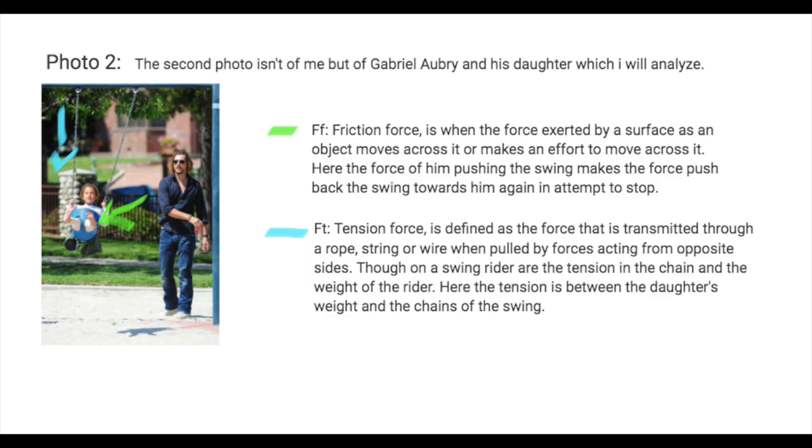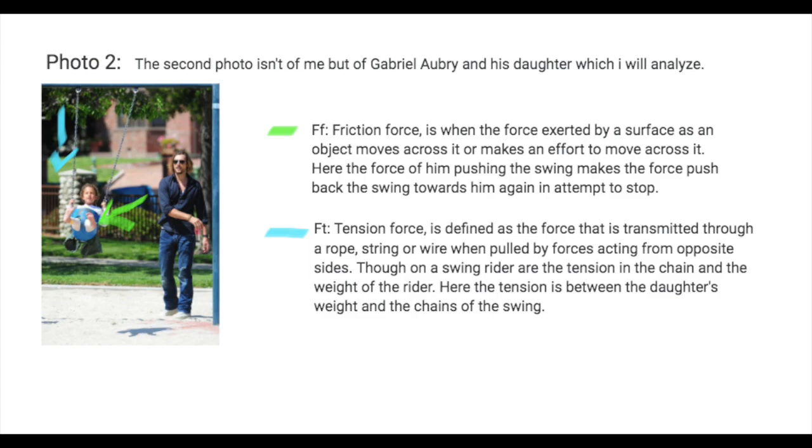Here, the force of him pushing the swing makes the force push back the swing towards him again in an attempt to stop, as you can see from the green arrow. And tension force, or FT, is defined as the force that is transmitted through a rope, string, or wire when pulled by forces acting from opposite sides.